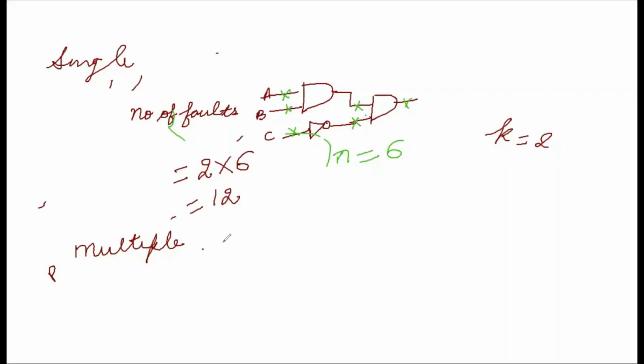So for that, the number of faults which can be modeled or which is detected using this is given by (k plus 1) raised to the power n, minus 1. So why here k is actually the number of faults.